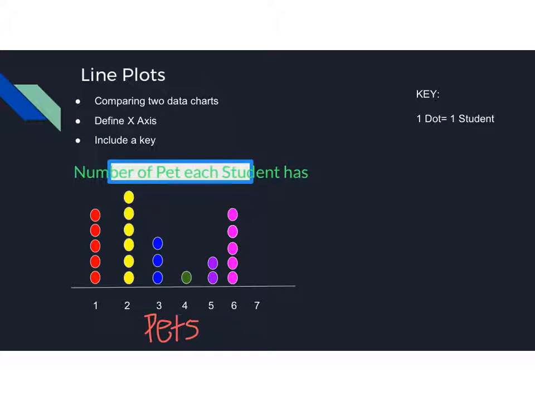Alright. And then we also have our key already done. So we now have everything that's needed. So we've compared 2 charts. We had a data chart, and now we made it into a line plot. We defined our x-axis. We included a key, and we also have our title.